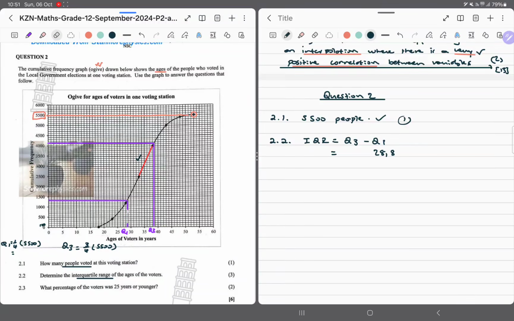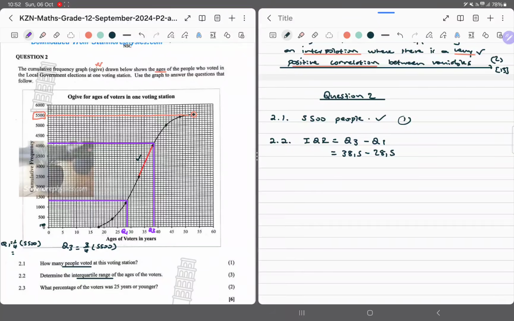I'm not sure about this one. Let's just have a look, guys. We can say roughly comma 5, just so that we don't make it too bad. And then we're saying this one is 35, 36, 37, 38.5.